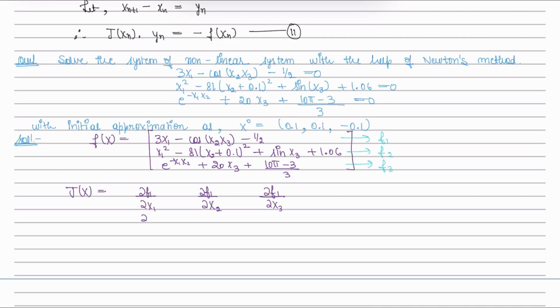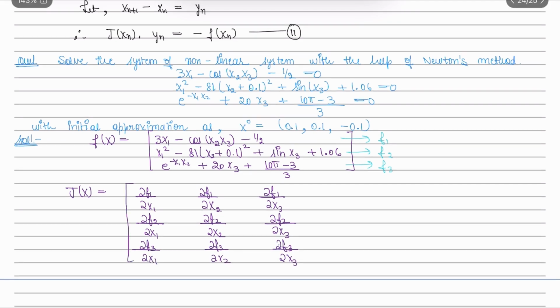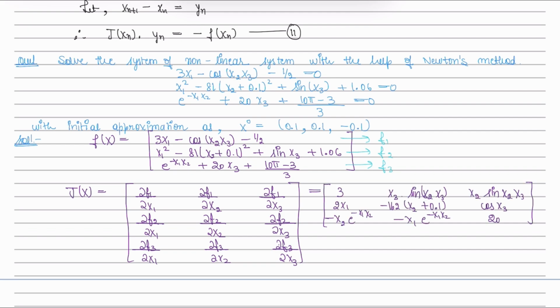For the second row it will be partial derivative of second function with respect to first variable, partial derivative of second function with respect to second variable, and partial derivative of second function with respect to third variable. Similarly, third row will be, and the value of this Jacobian matrix will be this matrix.